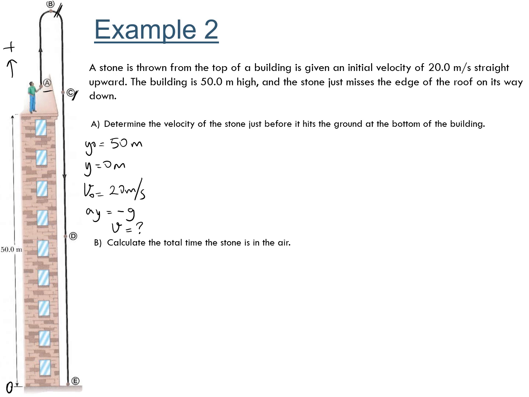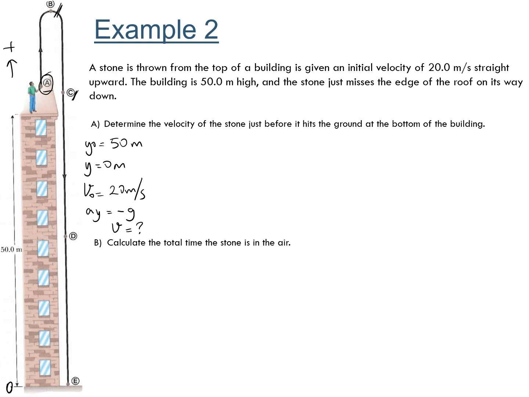If you know the variables at one point, in this case A, we know the original conditions of position and velocity at point A, we can find any other variable at any other point, whether it is B, C, D, or E, makes no difference whatsoever. Just use your kinematics equations, consider the initial and final positions or conditions, and just solve for it.